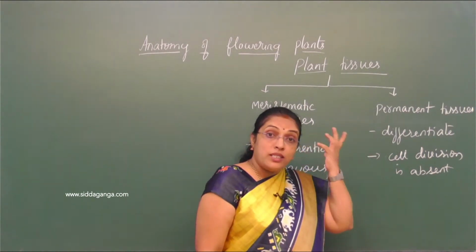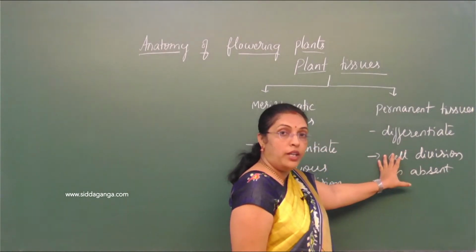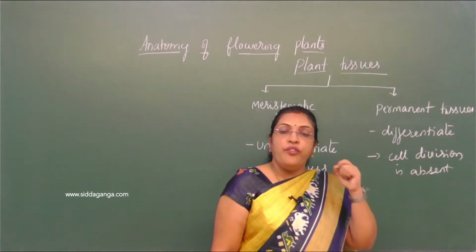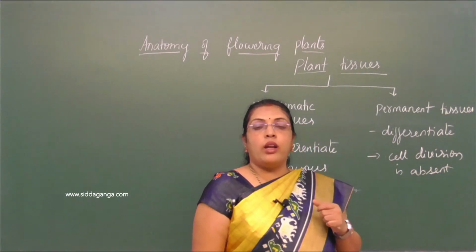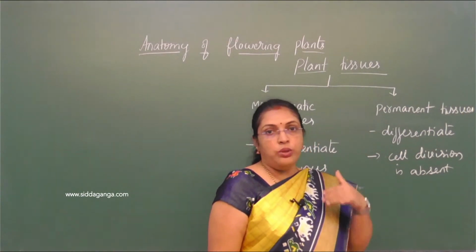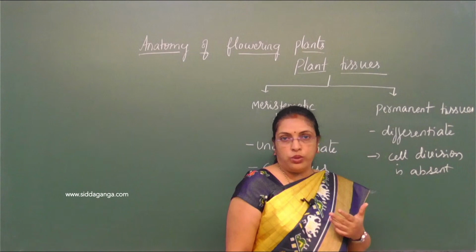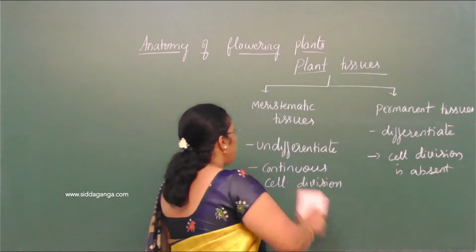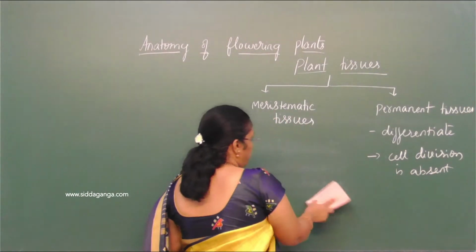But under certain conditions, the permanent tissues undergo de-differentiation and again they acquire the property of cell division. We will study that in regular classes. Understood? So that's the difference between meristematic and permanent tissues.